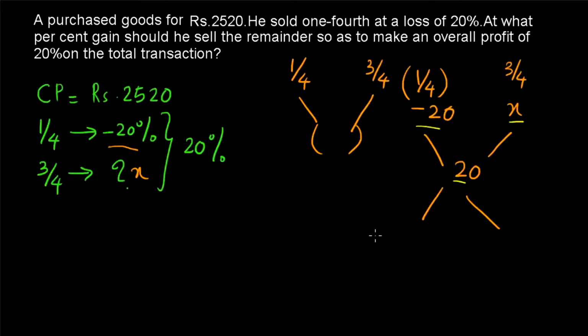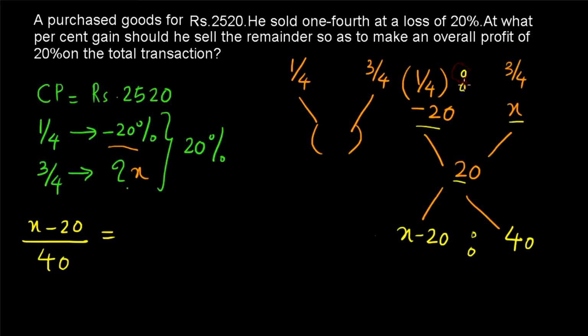So it will be X minus 20. And here what will come? The difference between minus 20 and 20 is 40. So X minus 20 by 40. By applying the rule of allegation, the ratio of X minus 20 to 40 will be equal to the ratio of the first component to the second component. So here the ratio is 1 is to 3.